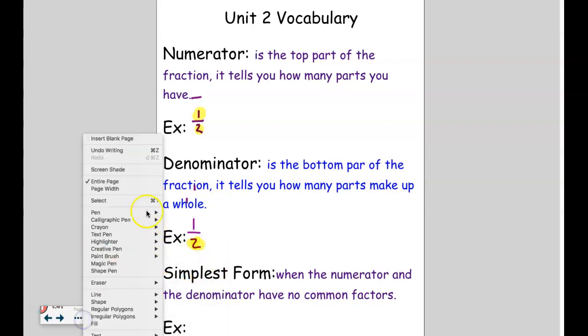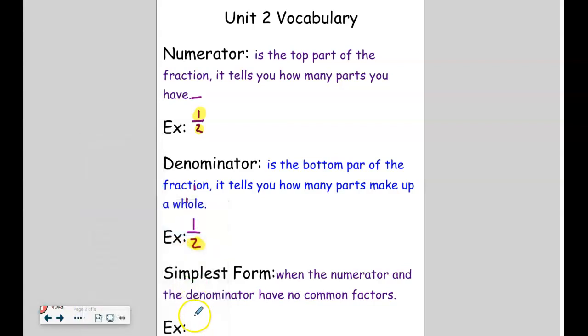Simplest form, when we start, we have 2/4. It is not in simplest form because they have in common the factor of 2, so we're going to divide them both by 2.